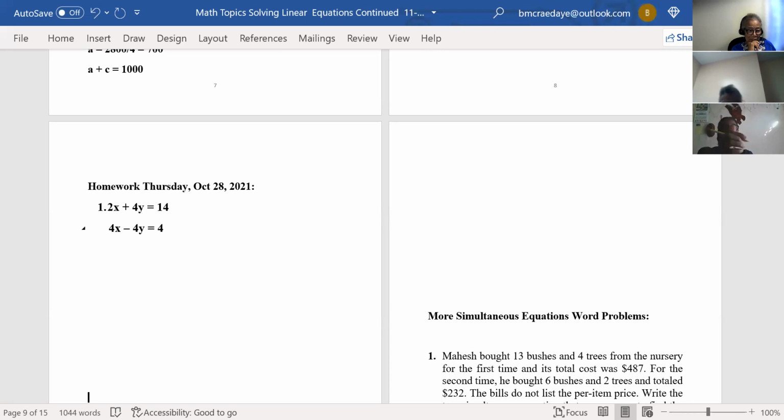So what does that mean, Vanessa, when you have 4y here and 4y here? So what can you do to these equations to eliminate? This is a good one for elimination. What can you do to eliminate the y, Vanessa? What operation?